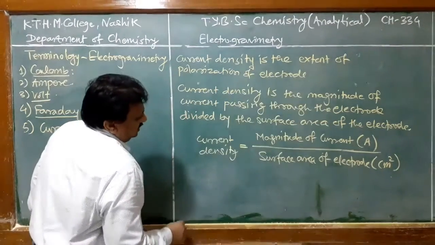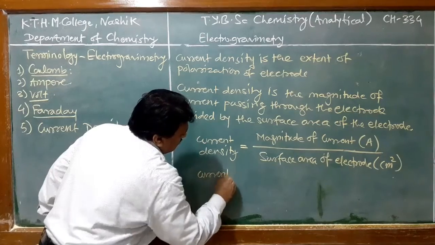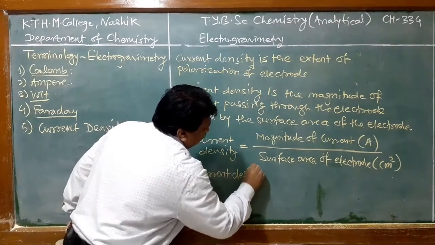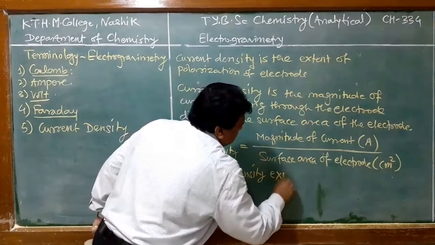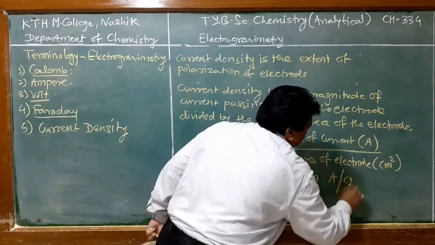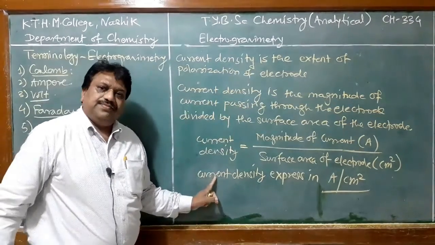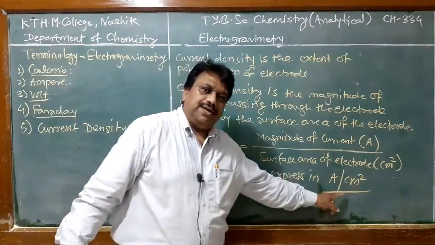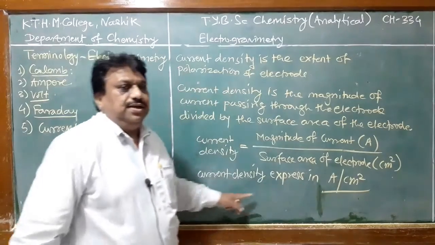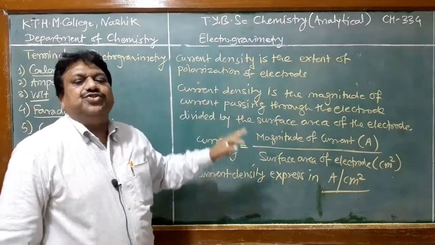Therefore, current density is expressed in ampere per square centimeter. Current density is a measure of polarization of the electrode.